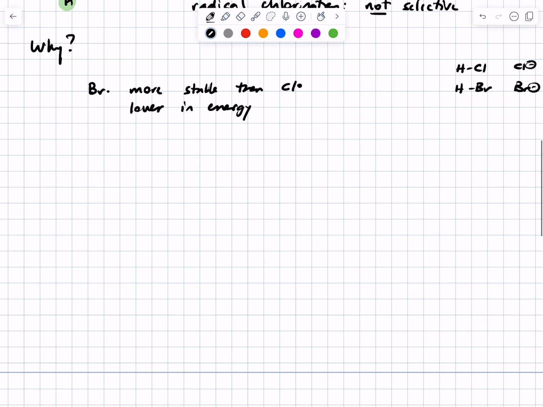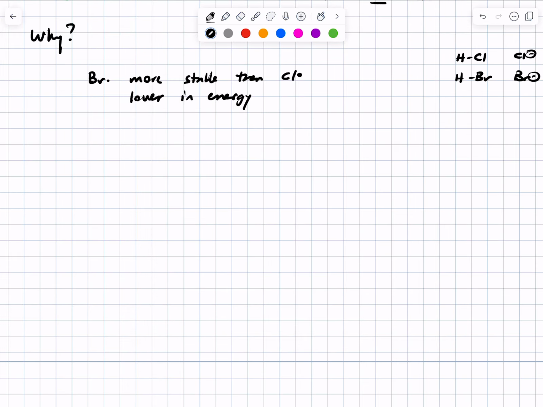So with that in mind, let's imagine how this would play out in the first step, which is the radical abstraction step. I'm going to just use R dot as a radical, and we're going to draw propane as our alkane. It's got 2 different kinds of protons. It's got a proton on a primary carbon and a proton on a secondary carbon, right?